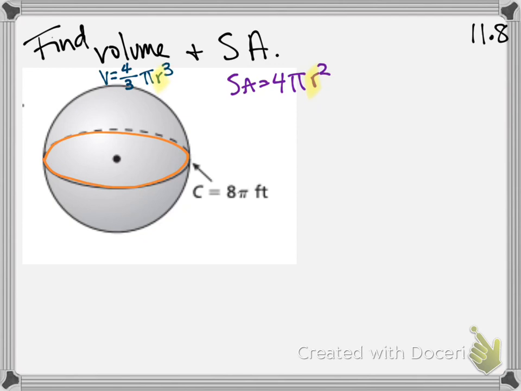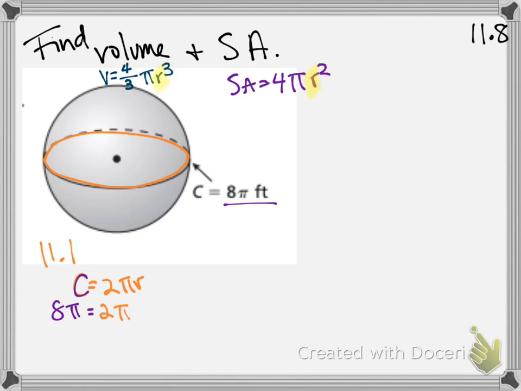So we learned in 11.1 how to find the radius given the circumference. We'll use the circumference formula that has the radius in it. If the circumference we know is 8 pi, so we'll plug in 8 pi because that is the circumference.